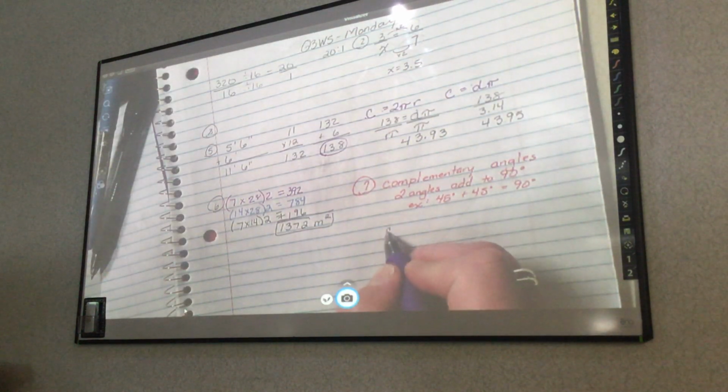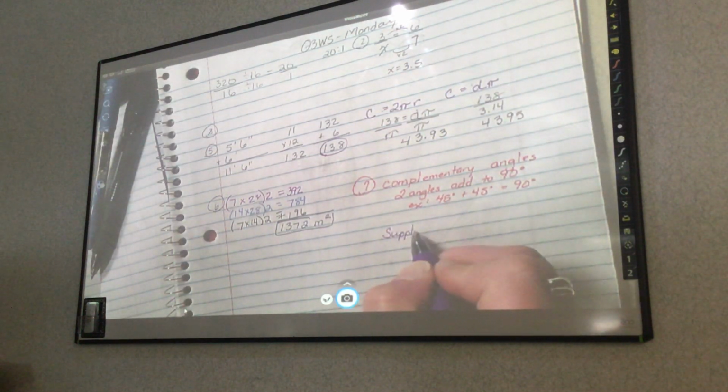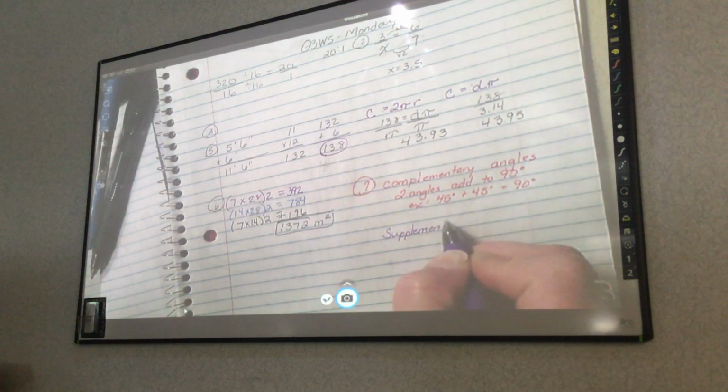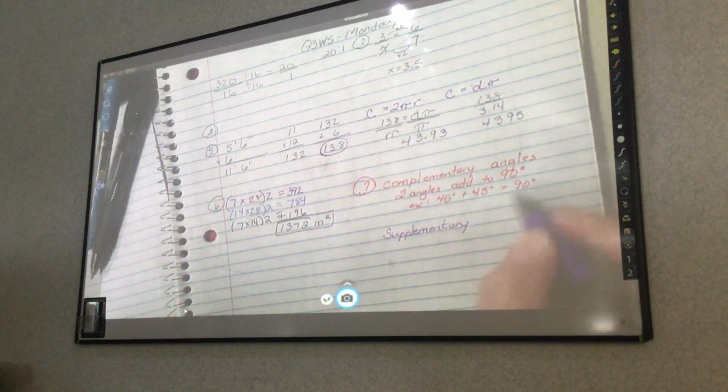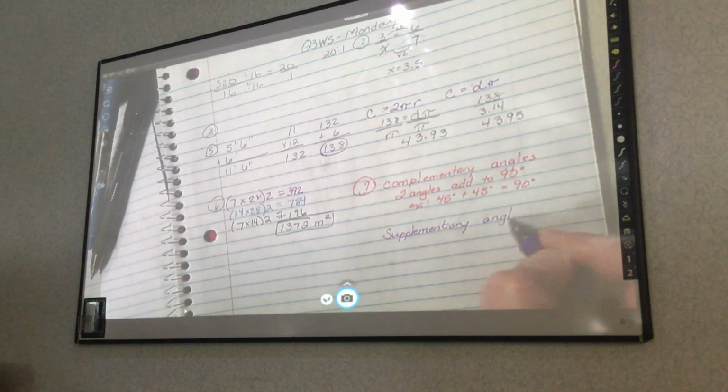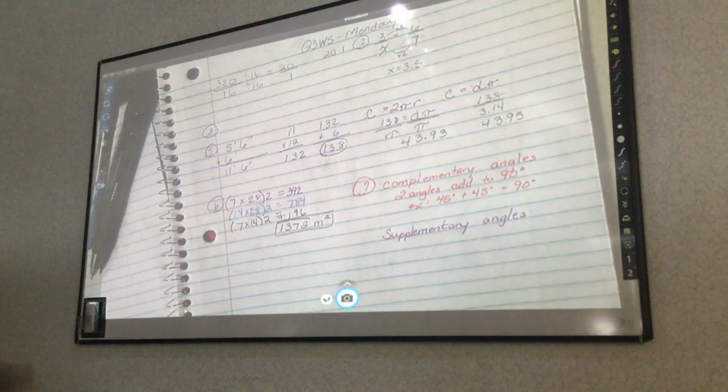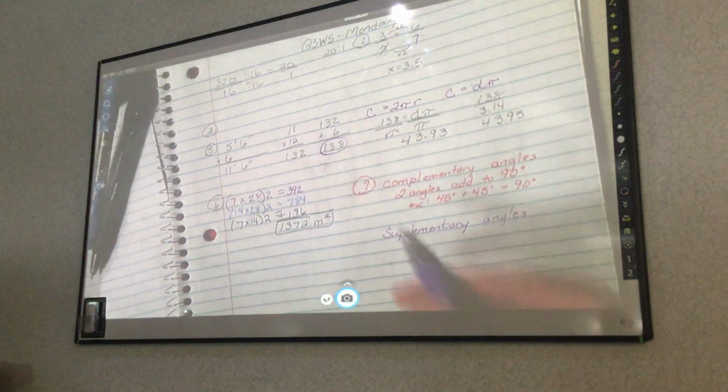Then you have what's called supplementary angles. Did anybody see what those mean? Sander? When two angles add up to 180. Excellent, and I know you looked it up.